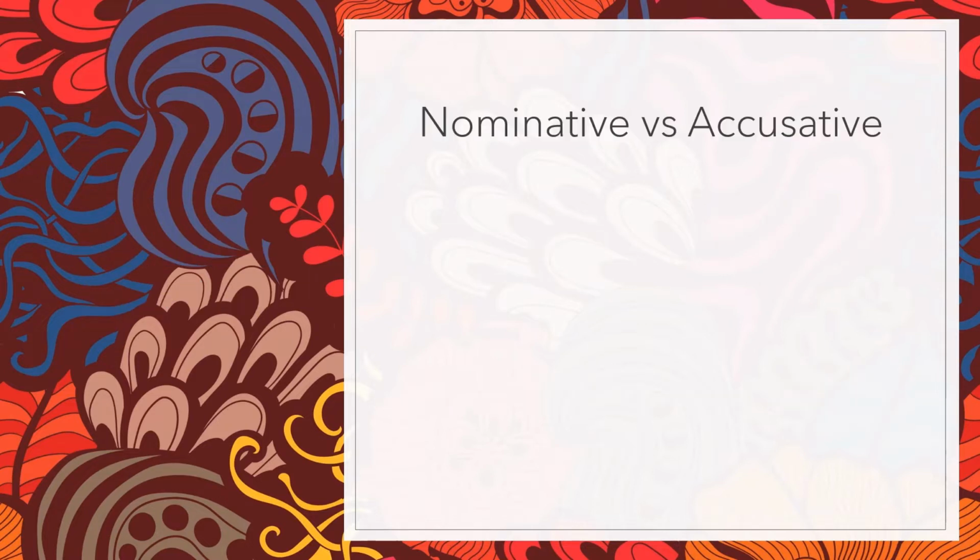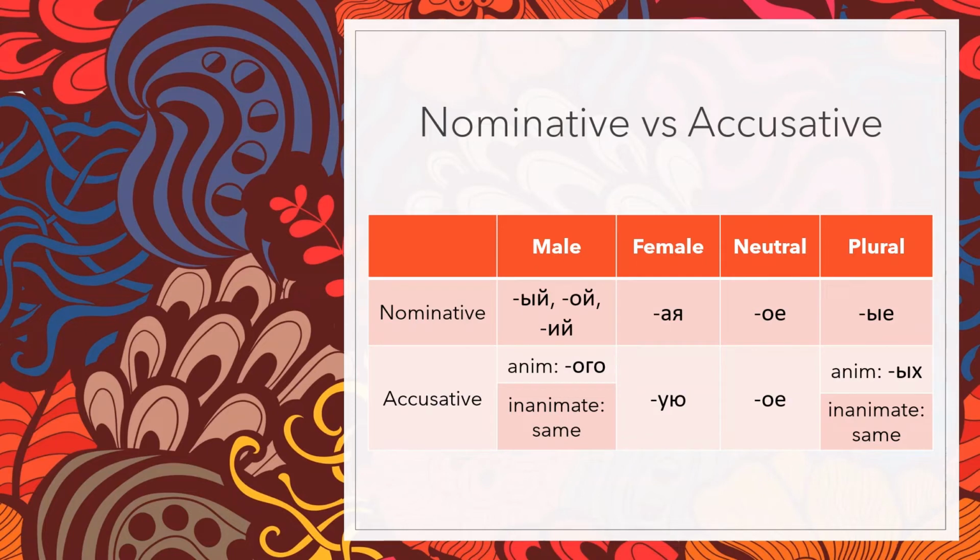Alright, so here's a table to summarize these adjective endings. Okay, this is exactly what we've seen before, just in a nice format so you can see everything in one place. Now, if this is your first time learning this topic, I highly recommend you pause the video here and review the accusative case with adjectives.